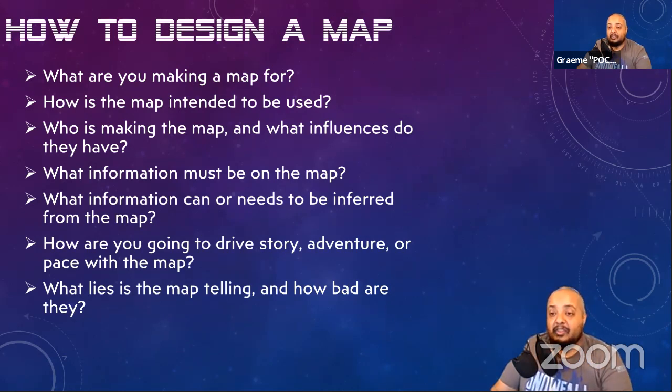And what influences do they have? Are they a professional level map maker, or just some rando who's got a pen and paper and is going to scribble you out something real fast? And when I say what influences do they have, what do they think is important?